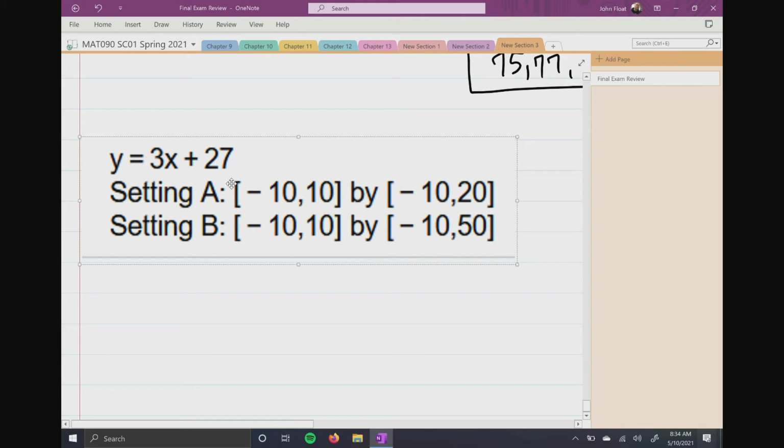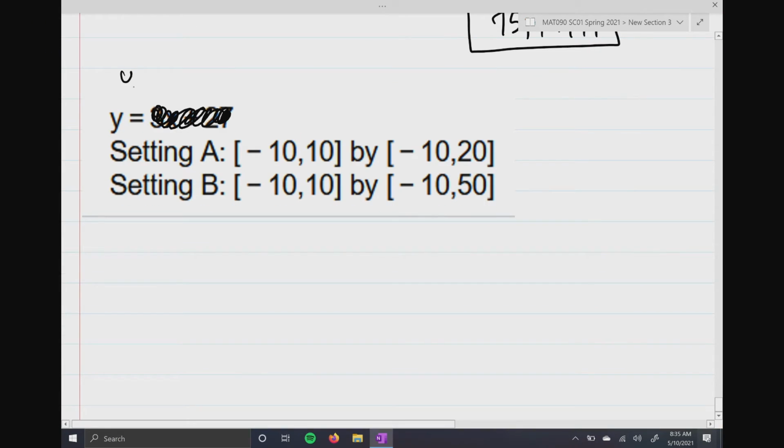Now, there is one thing that I do have to show you. So what is our 7x plus 49? Y equals 7x plus 49. Okay? So, in setting A, those numbers are your x interval.